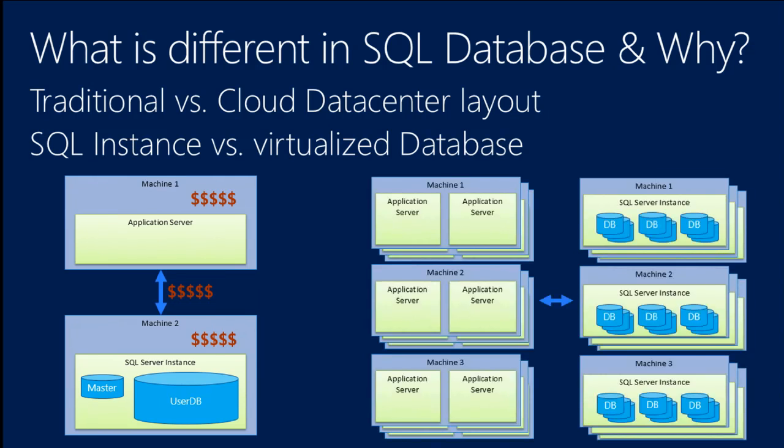The approach in the cloud data center is to use commodity hardware and have smaller machines, but therefore have tons of them, right? So we have lots of machines that are all the same, that at some point take different roles. What we then do is we put multiple instances of application servers or VMs on such a machine.